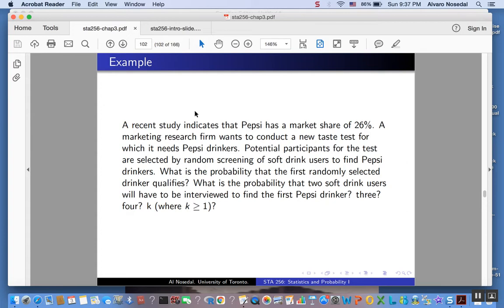Then the same for 4, and finally we're going to extend that to K, where K is any natural number, meaning 1, 2, 3, and so on. Make sense? That's the ultimate goal. As we said, first we would like to describe in detail the characteristics of this random experiment. So that's what we're going to be doing next.